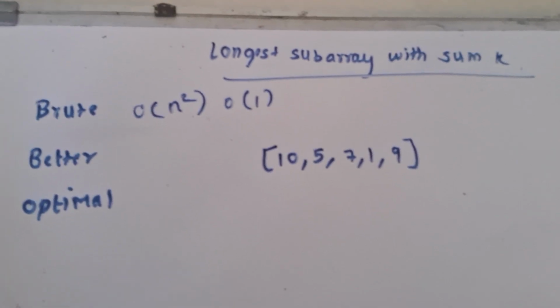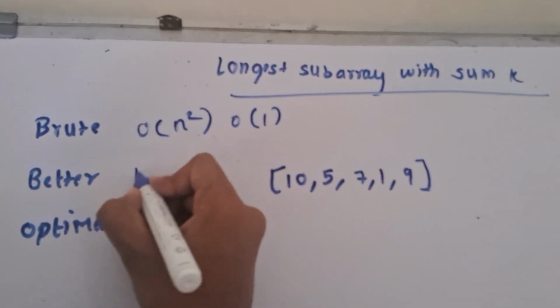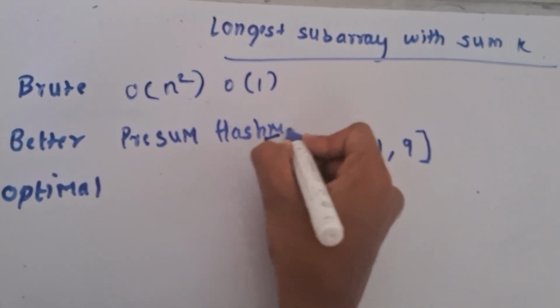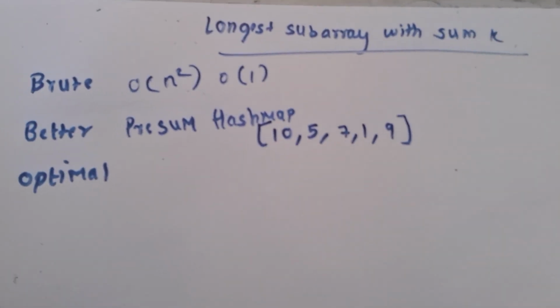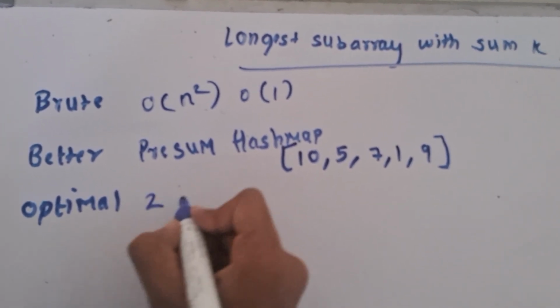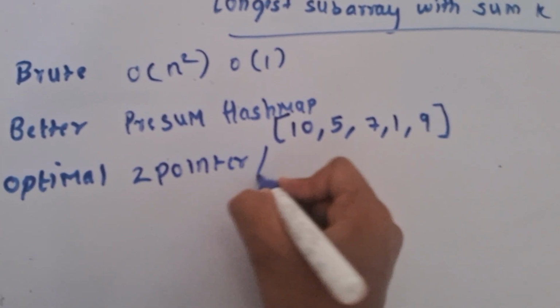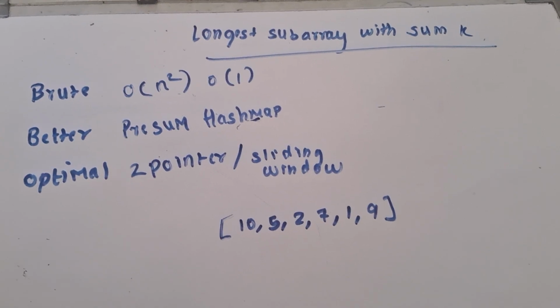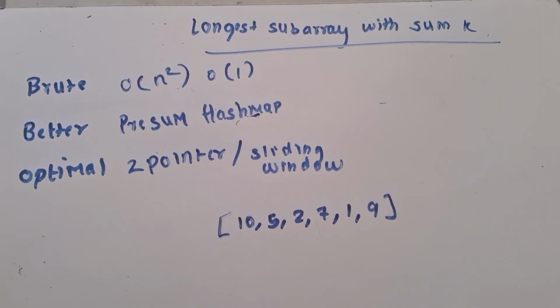Also, for the better approach, we are going to use a prefix sum hash map. And for the optimal approach, we are going to use two pointers or sliding window. So these are the three approaches for our problem.